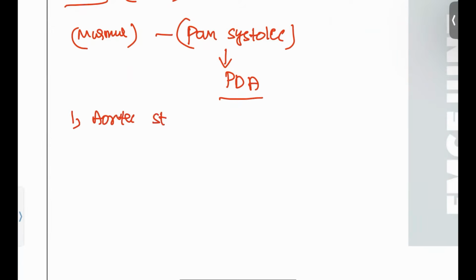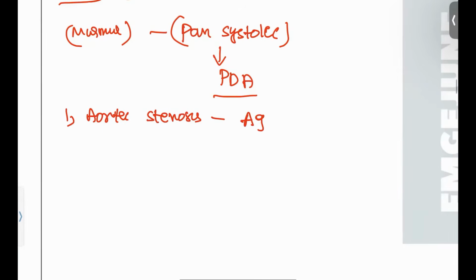In aortic stenosis, the most common cause is not rheumatic fever or rheumatic heart disease. It is most commonly due to the age of the patient or atherosclerosis. These are the two most common causes for this patient.